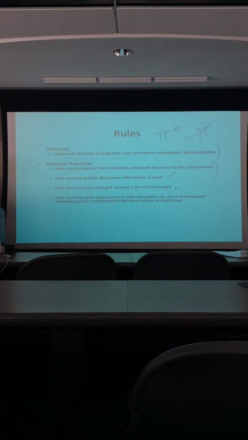And the rule must be easily explainable to the public. In other words, if I say that a rule is the interest rate equals the cosine of the inflation rate divided by the tangent of the output gap, all this square root of it, exponentiated to what?